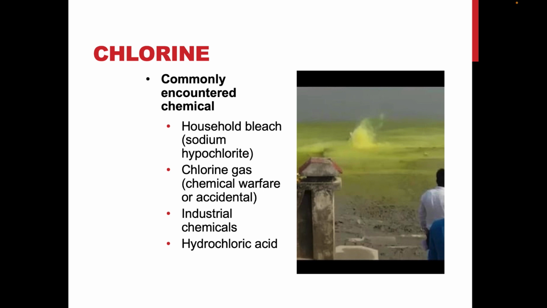However, chlorine gas is also used both as a chemical warfare agent or in various industrial products. There's also hydrochloric acid, which is very common as well in industrial applications that will sometimes get released. As you can see in this video, it forms this greenish yellow cloud in its warfare appearance.